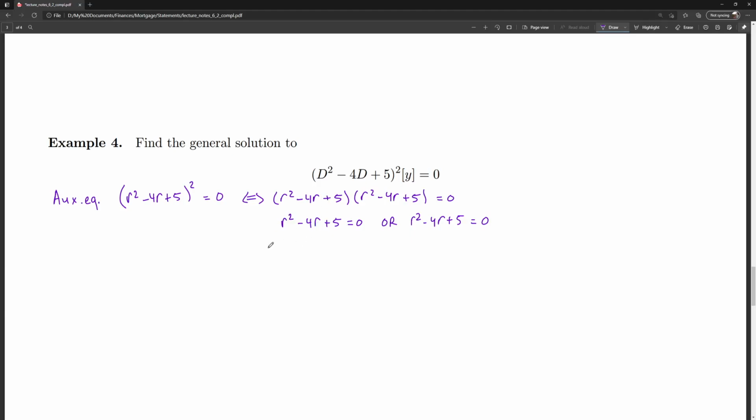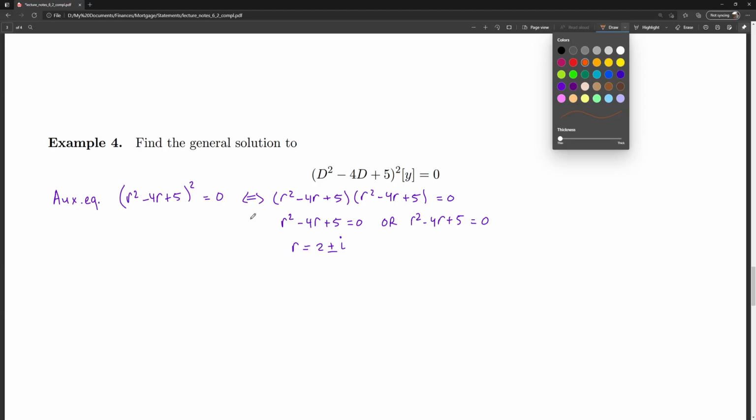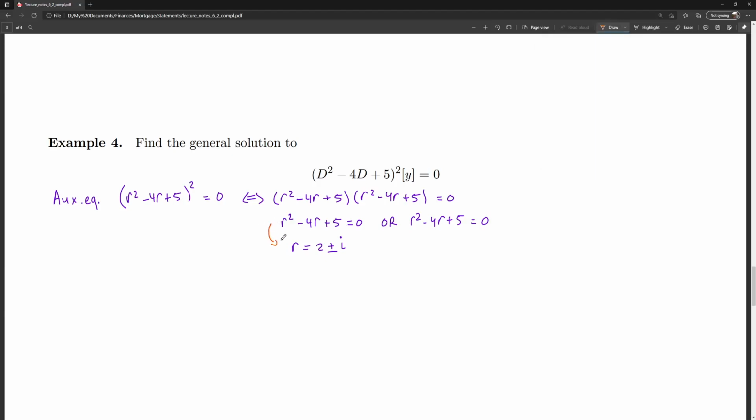So if you use the quadratic formula, you can show that r equals 2 plus or minus i. That's the quadratic formula, and double check that work for yourself.